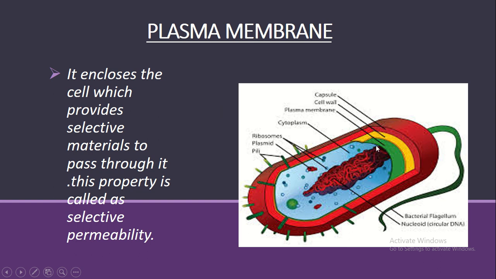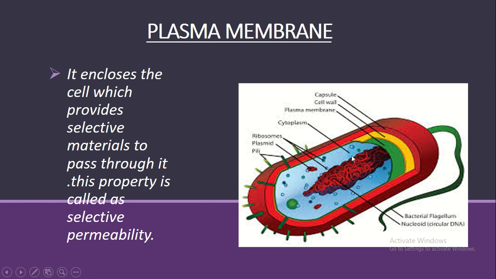Now we are going to discuss the cell, starting with the plasma membrane. This green part is called the plasma membrane. In further topics we can discuss the cell in detail. It encloses the cell and allows selective materials to pass through. This property is called selective permeability.